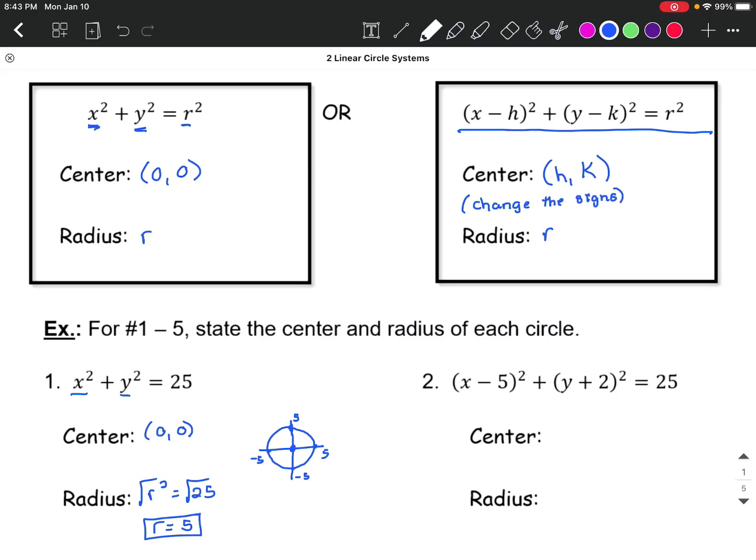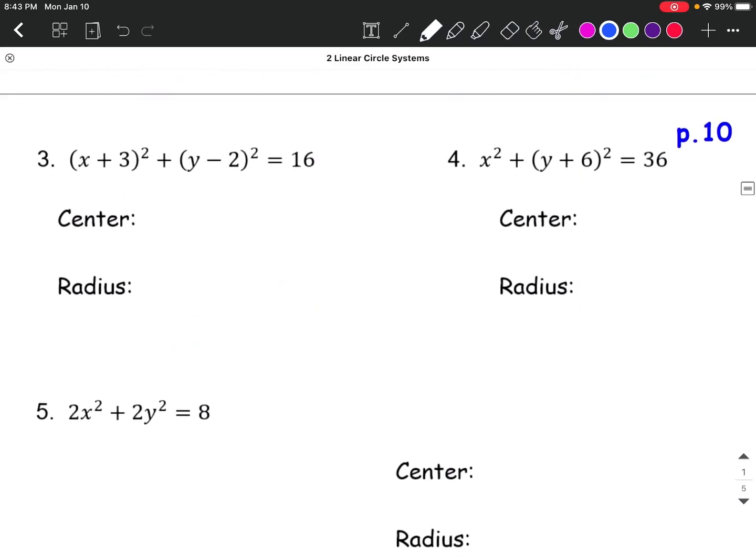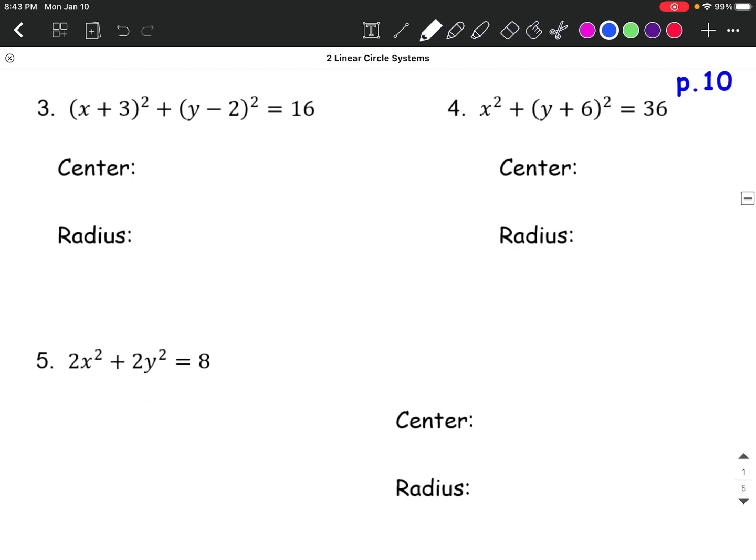So notice here, when we have x minus 5, the center is a positive 5. We have y plus 2, and the center has a negative 2. So it's 5, negative 2. And again, r squared is 25. We square root both sides. Our radius is 5.